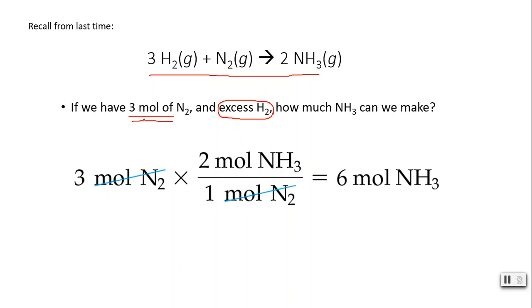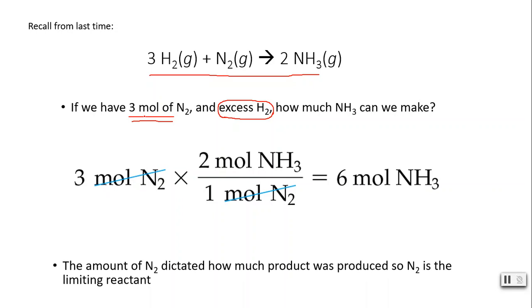So the fact that we used the moles of nitrogen to dictate or to calculate how much product was produced, that means that the nitrogen is called the limiting reactant. Limiting reactant because that nitrogen is limiting the amount of product, specifically NH3, that is produced.